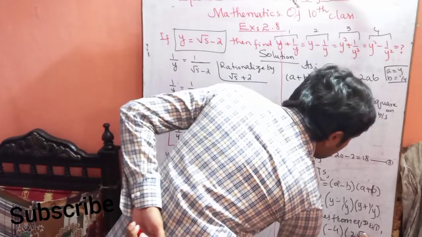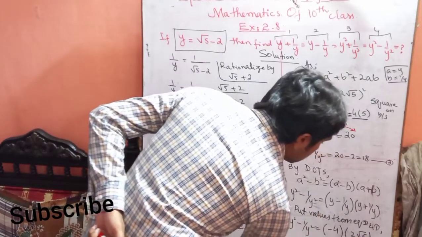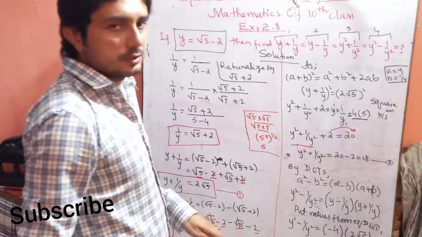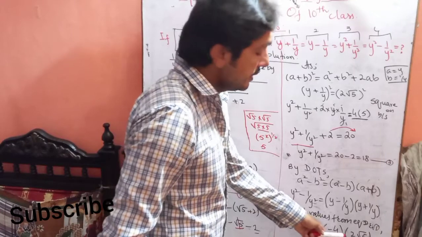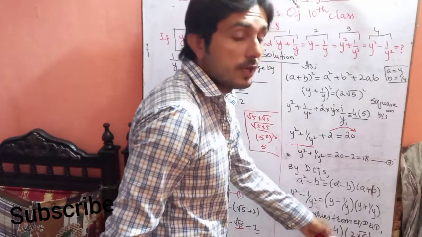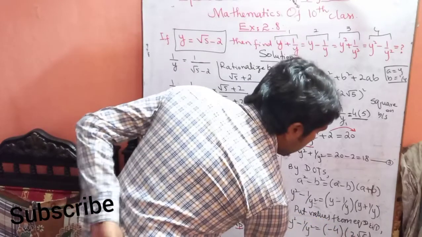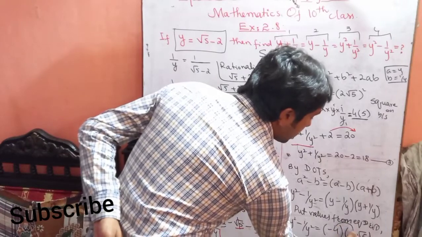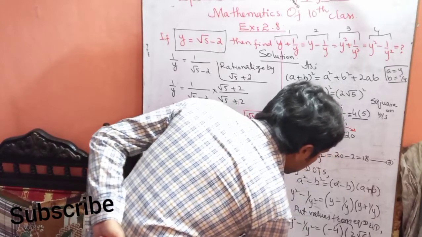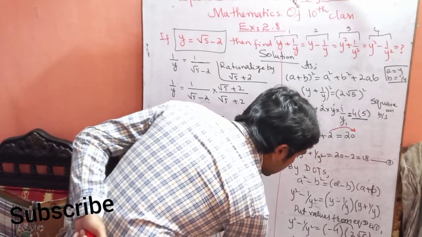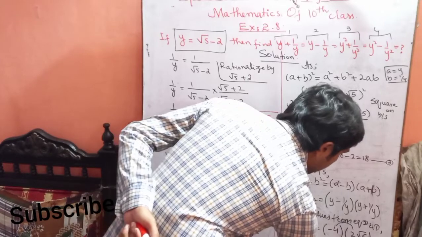You will write down 2 under root 5. Now since they are multiplied with each other, you are going to multiply those. Now this sign is negative and this is positive, so minus times plus will become minus, and this 4 will be multiplied with this coefficient. Now 4 times 2 is 8, and under root 5 is the same. So this is your answer number 4.